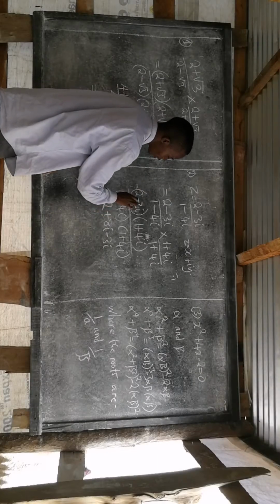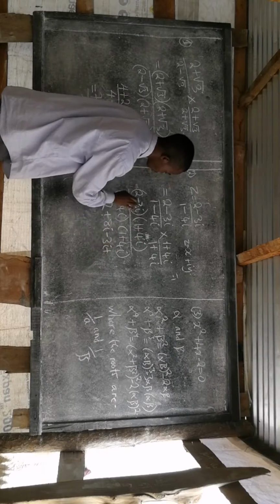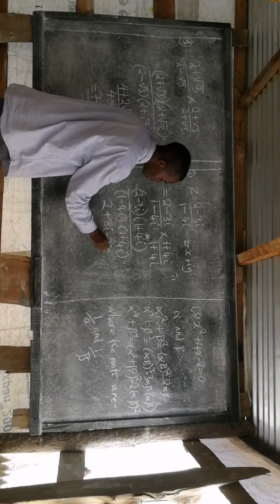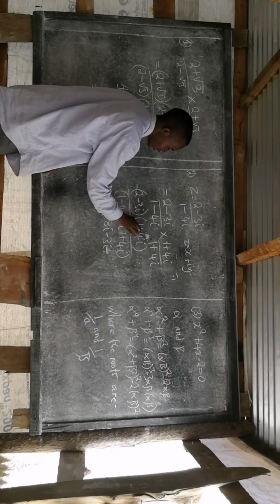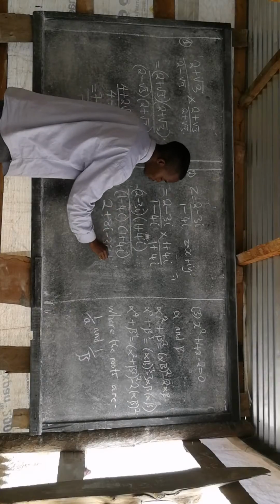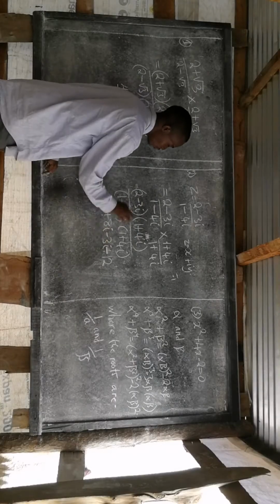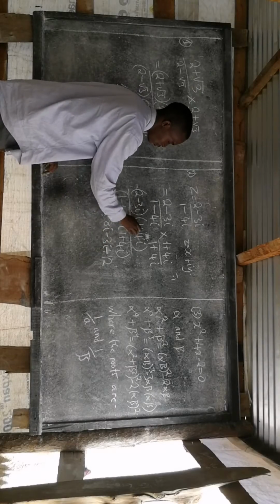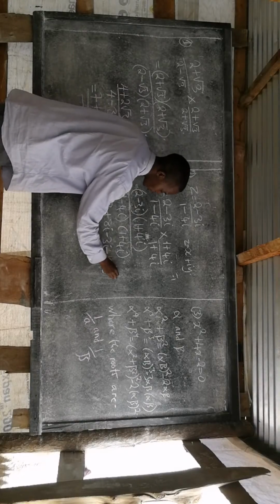So you have negative 12 times i to the power 2.